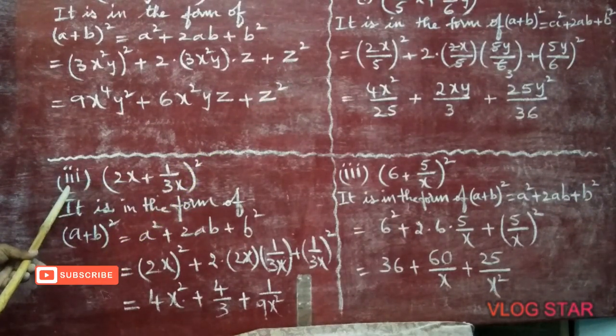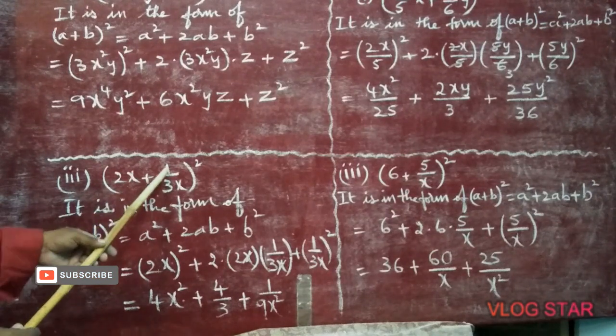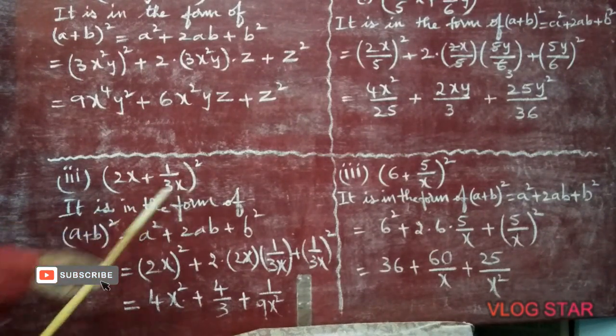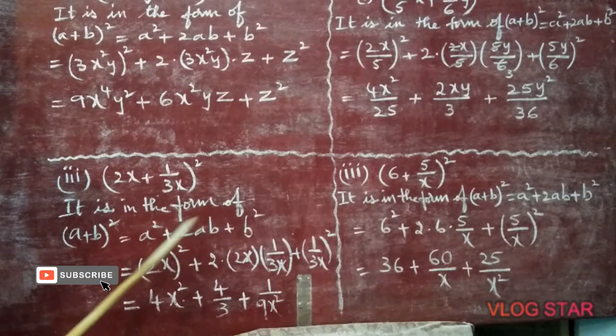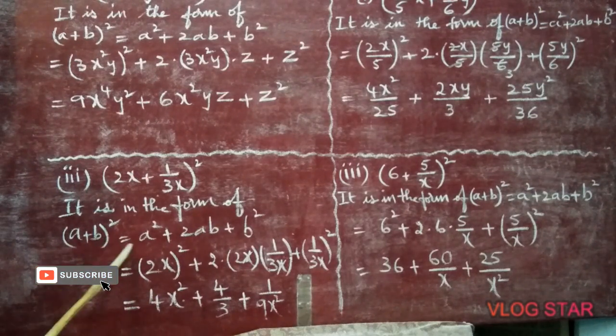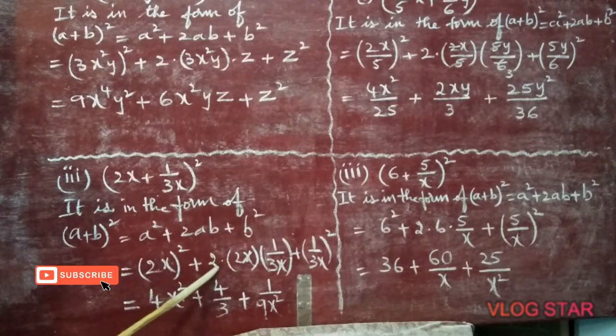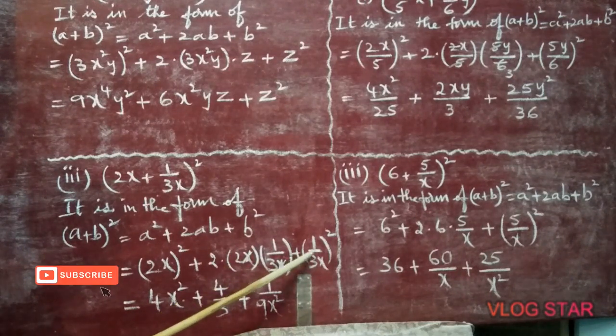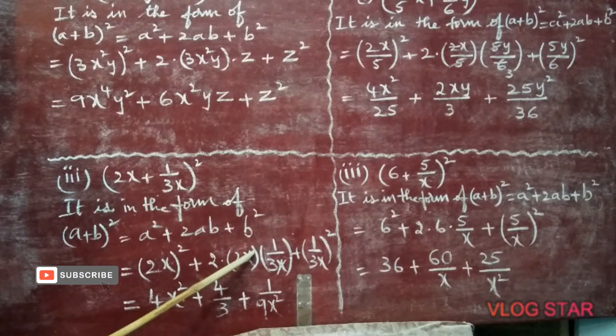Now third bit: (2x plus 1 by 3x) whole square. It is in the form of again (a + b) whole square is equal to a square plus 2ab plus b square. (2x) whole square plus 2 into 2x into 1 by 3x plus (1 by 3x) whole square. Here x is common, we can cancel x here.